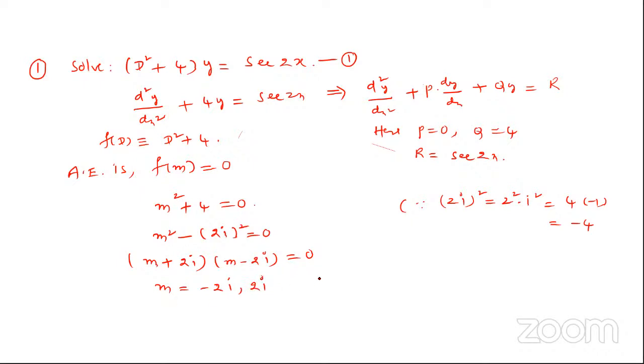Therefore m is equal to 0 plus or minus 2i. Now what is its complementary function corresponding to this pair of complex roots? The roots are 0 plus or minus 2i, that is m1 plus or minus i m2. Here the real part is 0 and the imaginary part is 2.